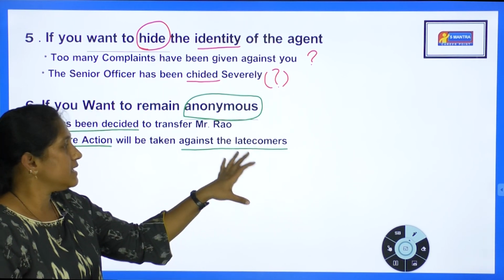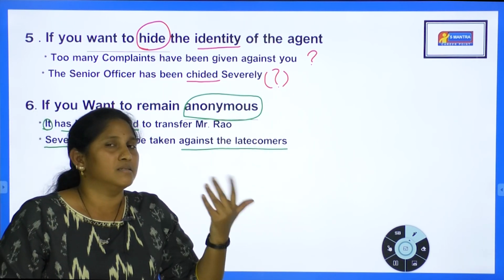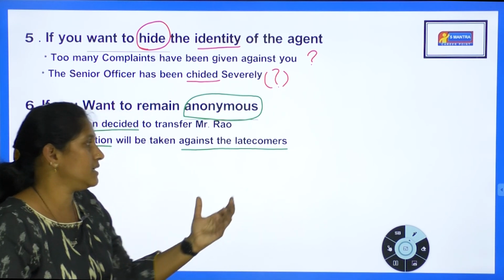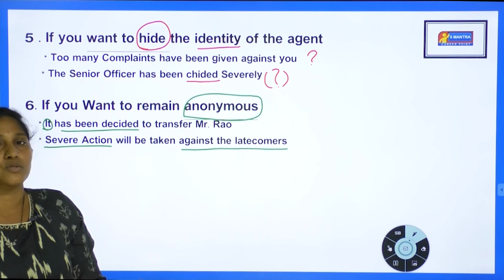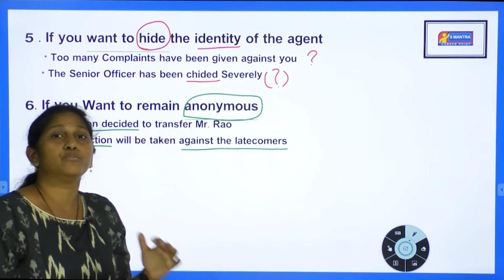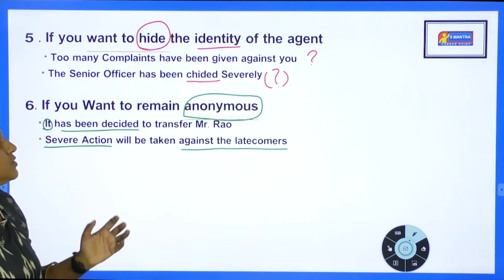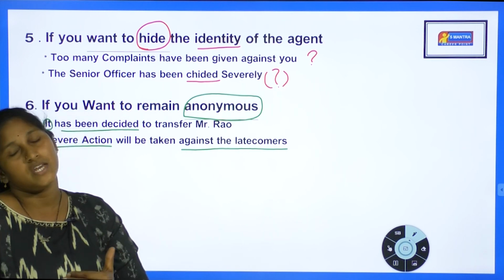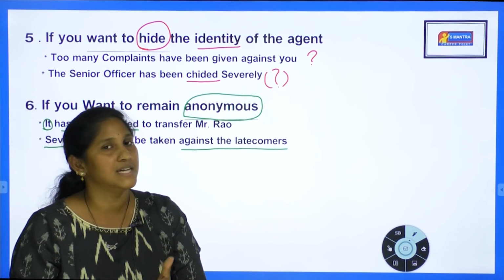Here also the speaker doesn't want to mention his name, 'by me'. That is the case of anonymous, and in that case also we can use the passive form of sentences. So till here we have discussed the situations in which we can use the passive form of sentences.